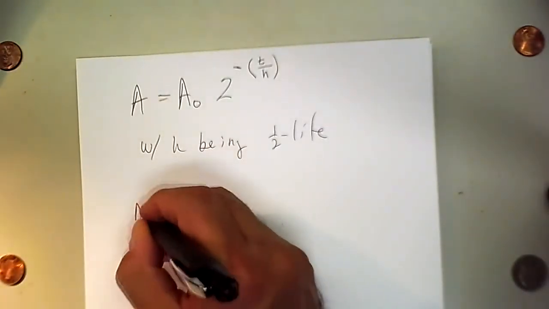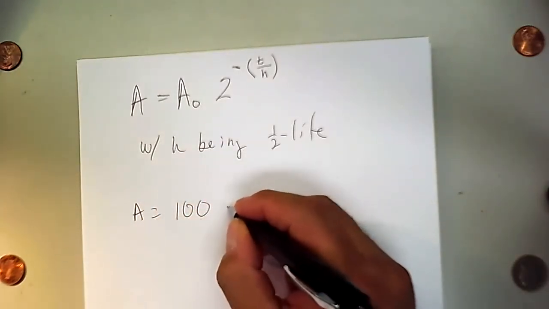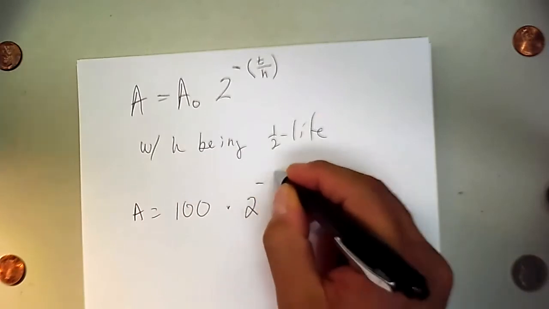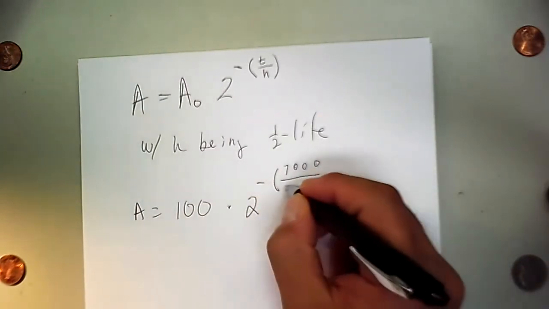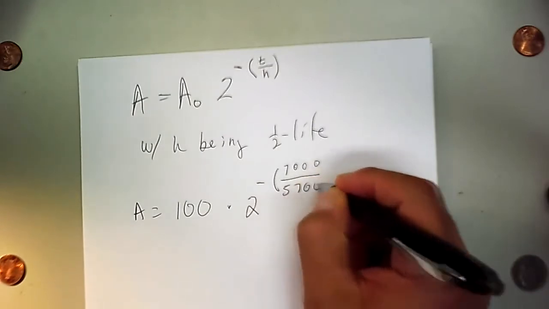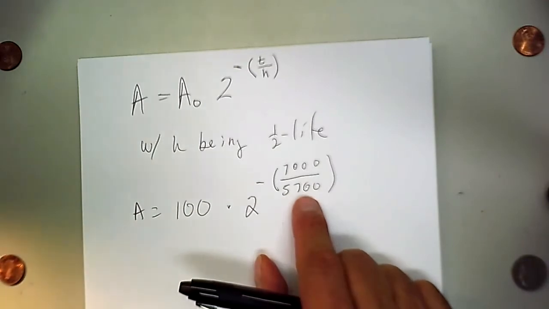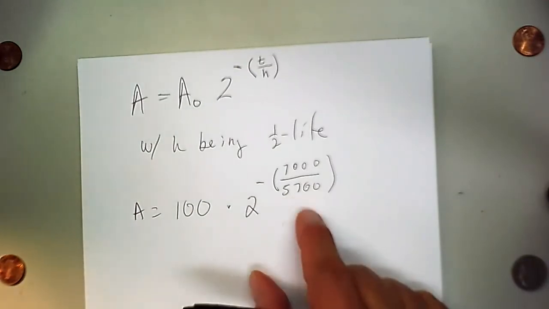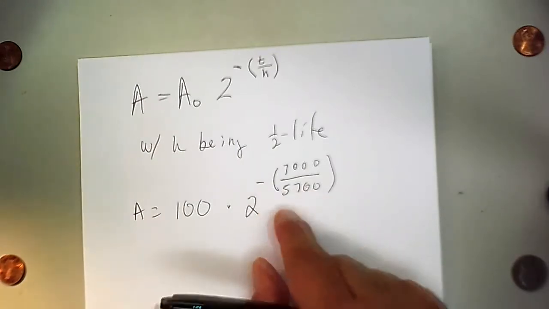Okay, so the amount equals 100 units we start with times 2 to the negative 7,000 over 5,700. So we're still going to end up with 1.22, but we're not going to use it with a proportion. We're going to use it as an exponent of negative 2.